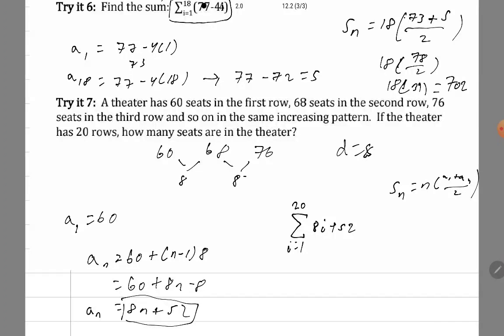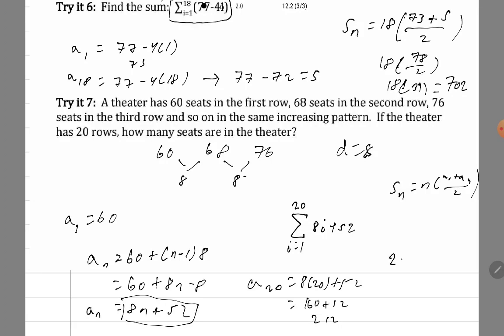We're trying to find the sum of all the seats, how many seats there are in the theater. So I need to find a of 20. So I plug a of 20 in the equation. I'll get 8 times 20 plus 52, which is 160 plus 52, 212. So I finally plug it in this formula here.